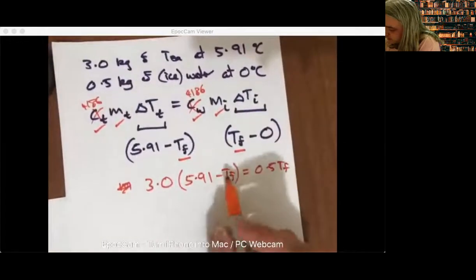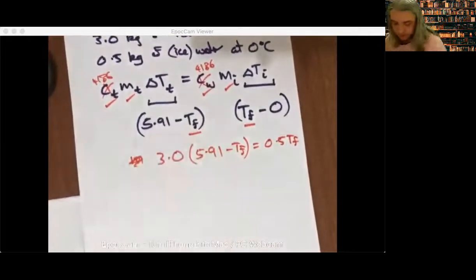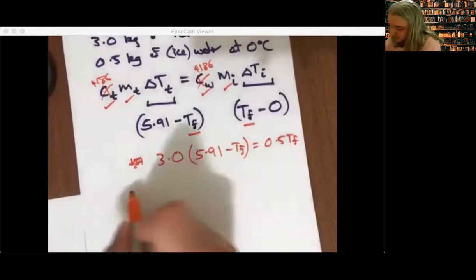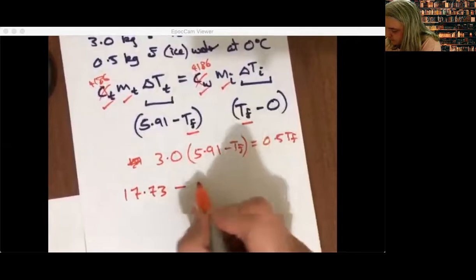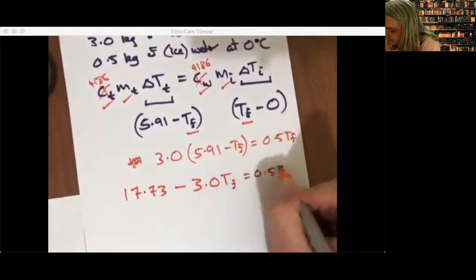So we can expand this bracket. 3 times 5.91, I'll just do this on my calculator to make sure I don't make a mistake, is 17.73 minus 3TF is equal to 0.5 TF.